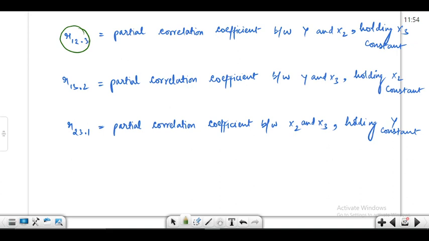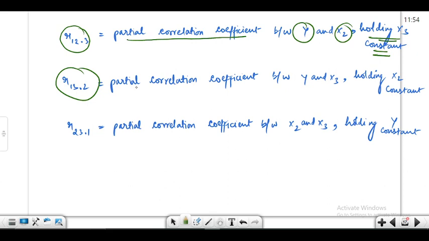Whatever number is written after the dot is basically the variable that has been fixed. So R12.3 represents your partial correlation coefficient between y and x2 variable when you are holding your x3 variable constant.